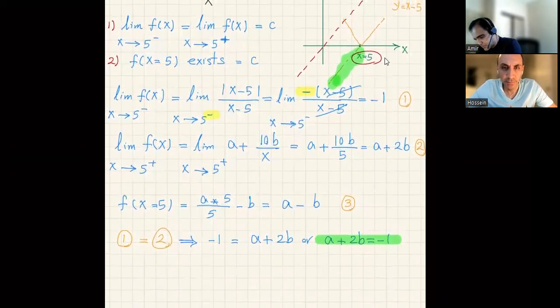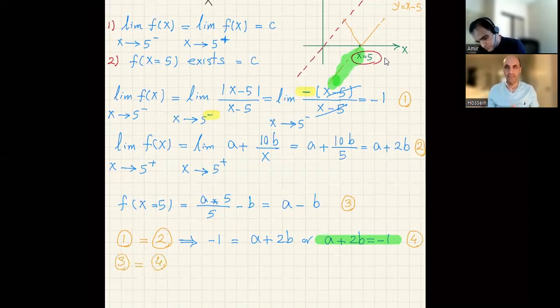Let me see. I call it number 4. So number 3 should be equal to number 4.